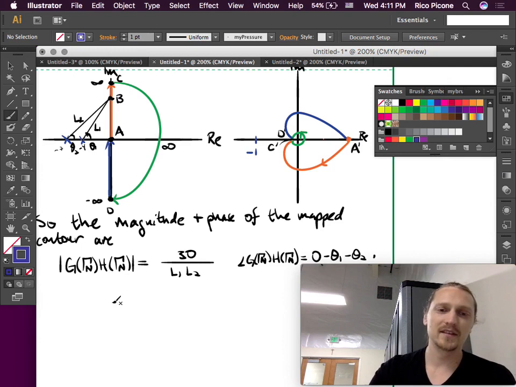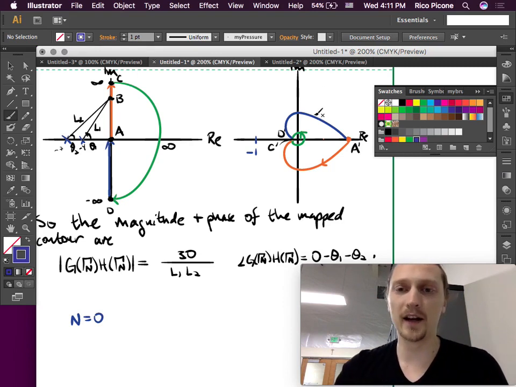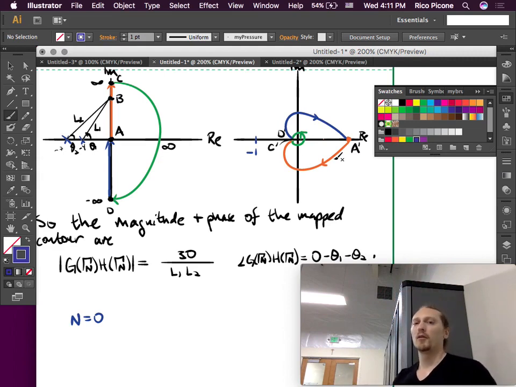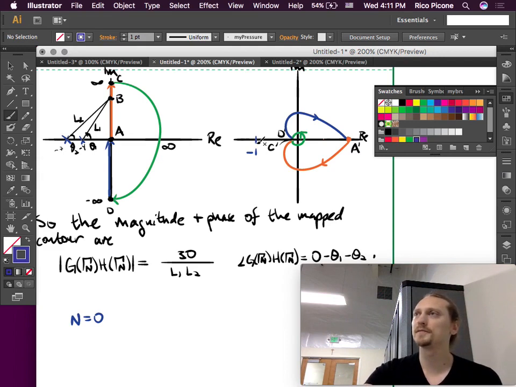That means that N is equal to what? 0. N is the number of counterclockwise encirclements of -1. Oh, we didn't draw an arrow on our blue one, but we should have. We're looking for encirclements of -1, but we never encircled it.